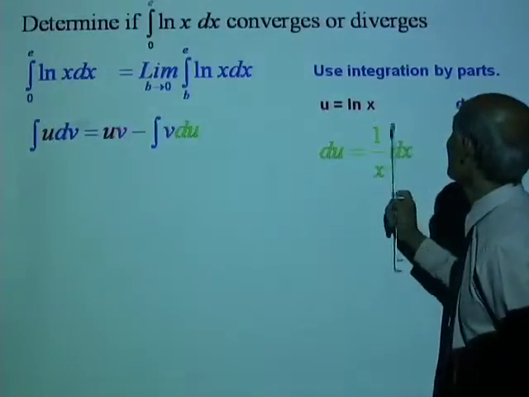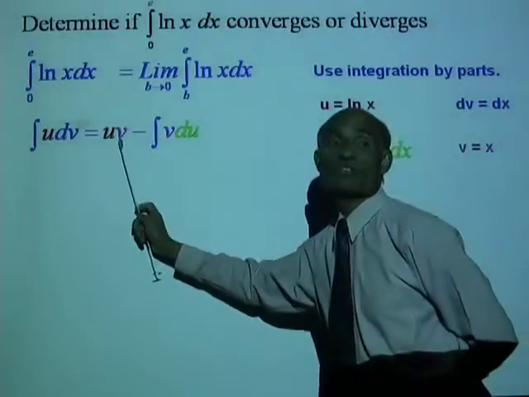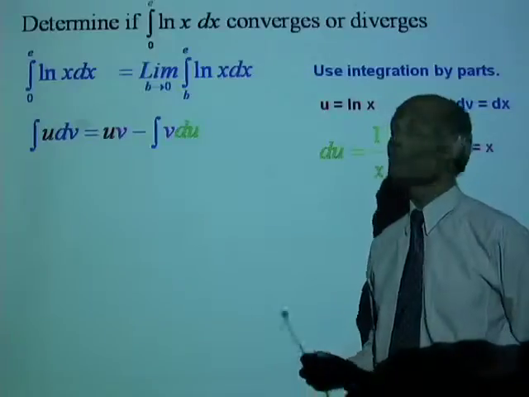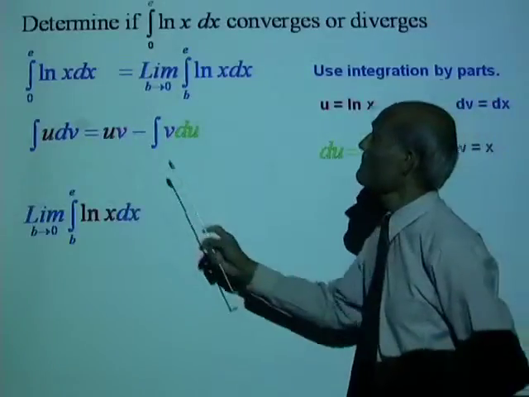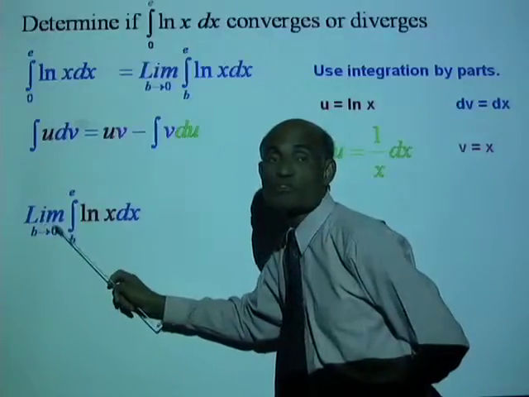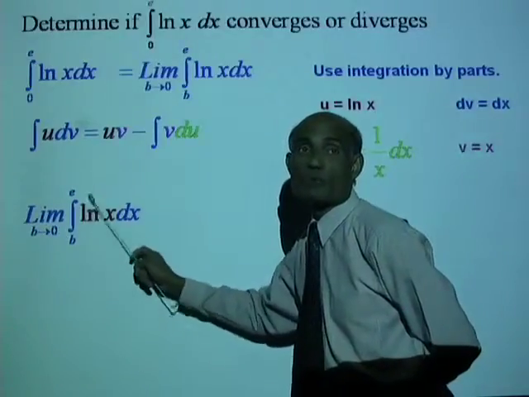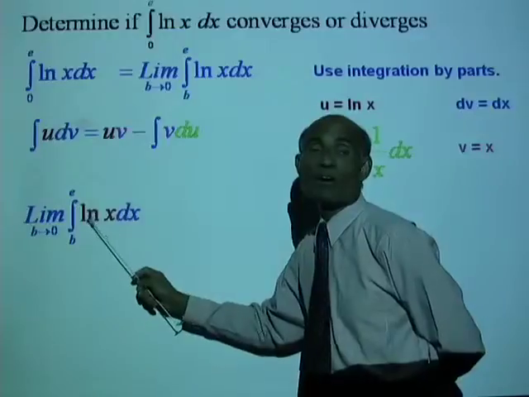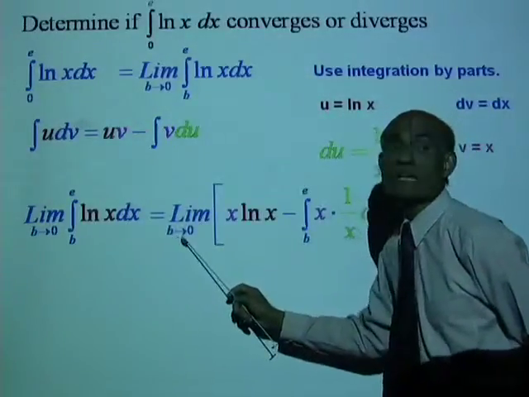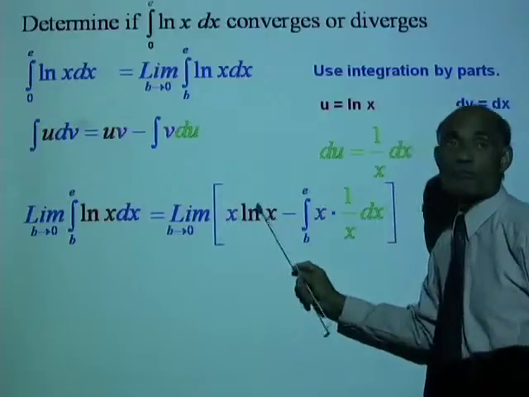Integral u dv is u times v minus integral v du. So let's write that down. Limit b approaches 0, integral b to e of ln x dx is now equal to limit b approaches 0.